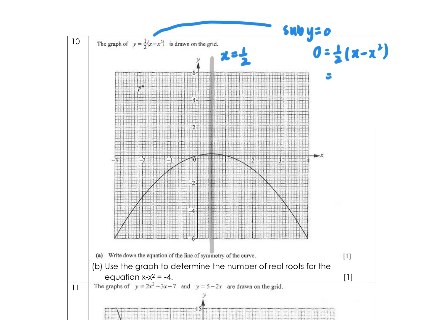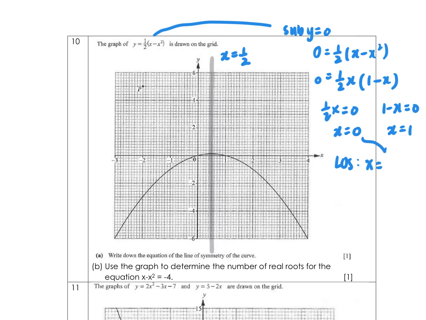So what you can do is, you can take out x as a common factor. And then half x equals 0. 1 minus x equals 0. So x is 0, x is 1. So these are your two x-intercepts. The line of symmetry halves these two. So that's why you get half.